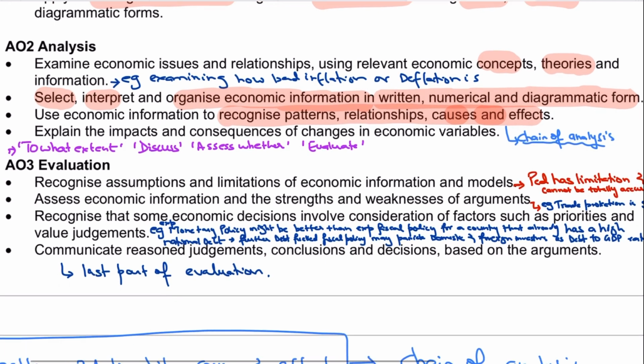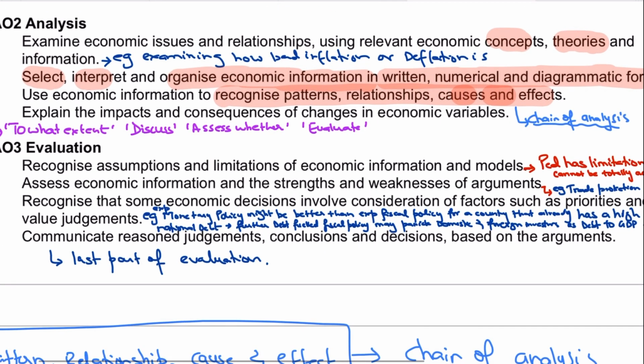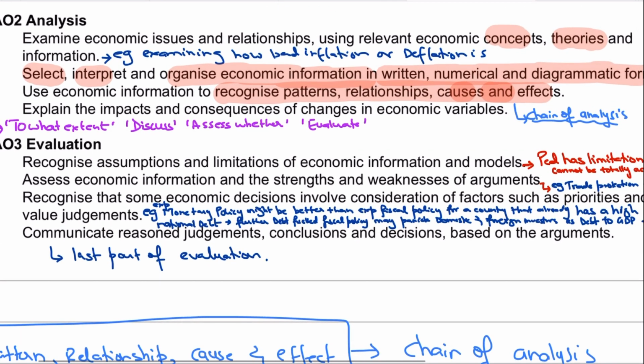But core diagrams showing positivity in real GDP, how your full employment level of real GDP is rising and how your real GDP is going up, and diagrams showing that a rise in AD is causing your real GDP and national income to go up, those diagrams would form part of analysis. And a fall in cyclical unemployment, all those will form part of analysis.